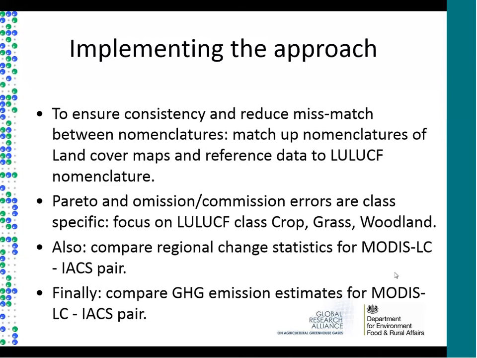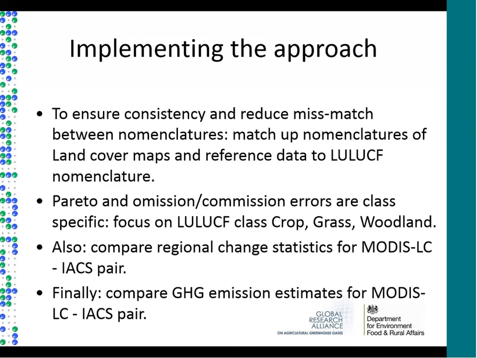We focused the analysis on 3 specific LULU-CF classes: crop, grass, and woodland. What we then also did is to have a look at regional change statistics that we could derive from MODIS land cover with the regional change statistics that we would get from Ajax.